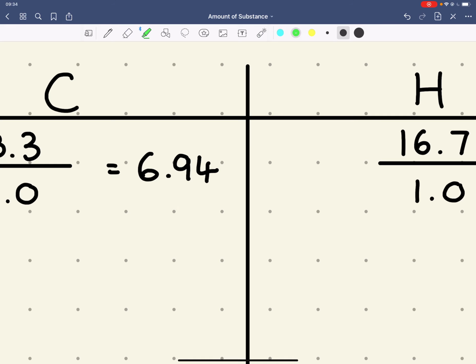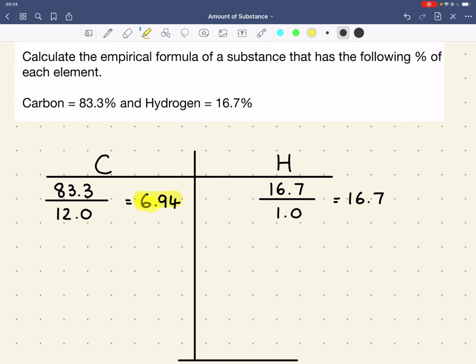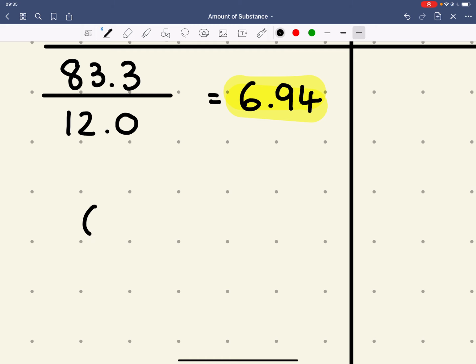So that's the first thing that we need to do, is get these numbers here by dividing the percentage or masses by the AR. We then need to divide these numbers here by whichever is the smallest, which is obviously 6.94. So I do 6.94 over 6.94.